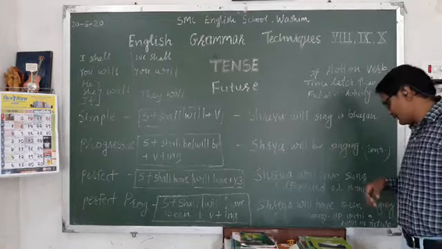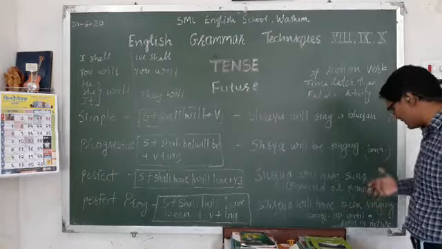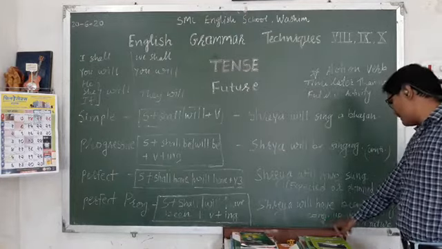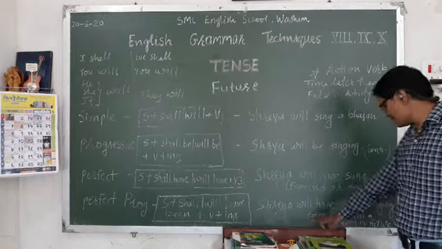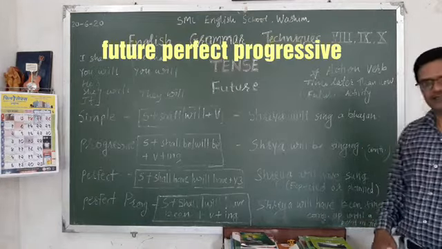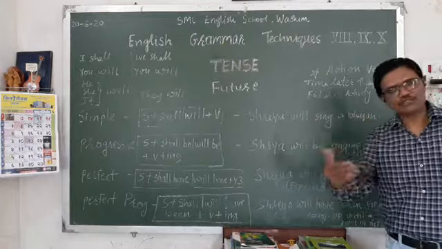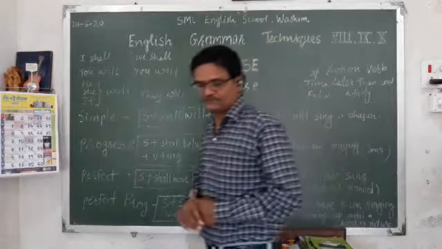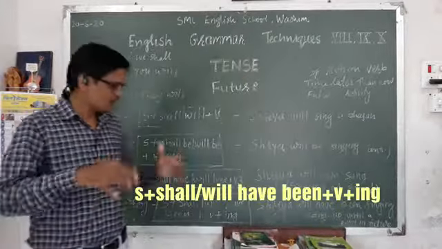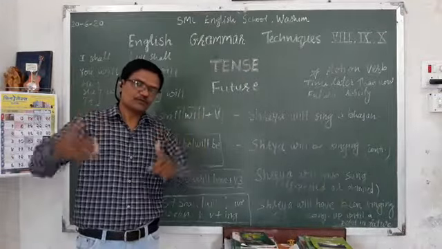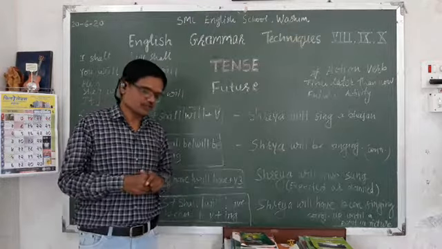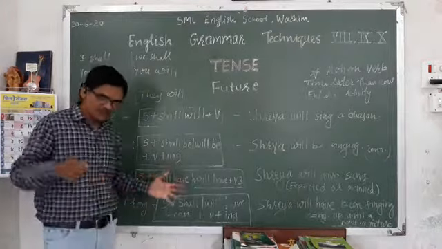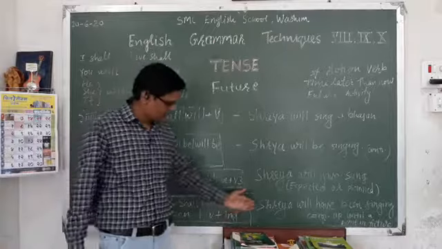So what's the function exactly? Continuing up until a point in future. So that's the future perfect progressive action. The formula I already mentioned, and here is the example.